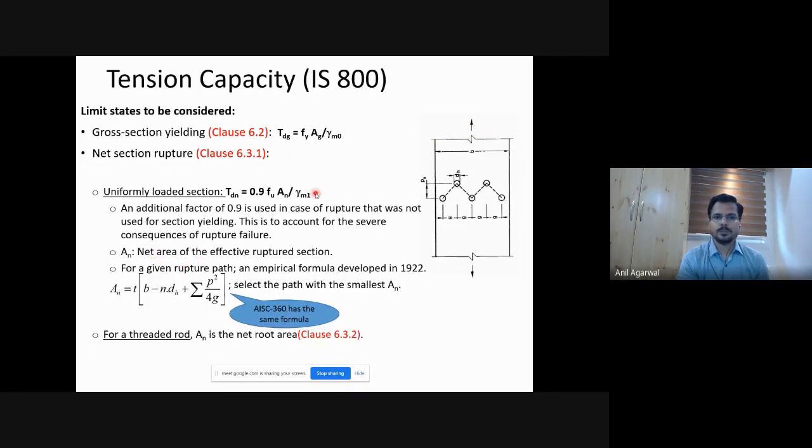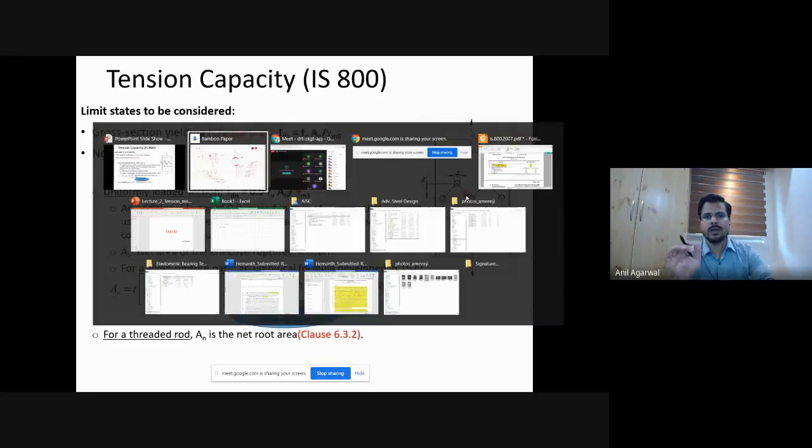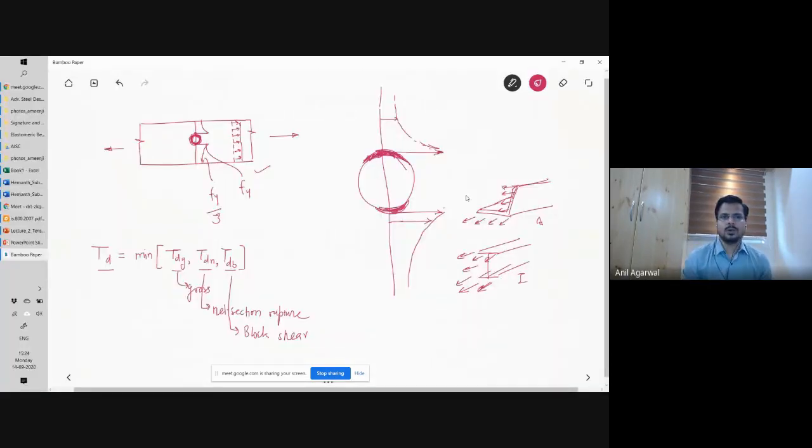Now there comes the question of net cross section. If you have a plate with a single hole like this, then what is the net cross section?